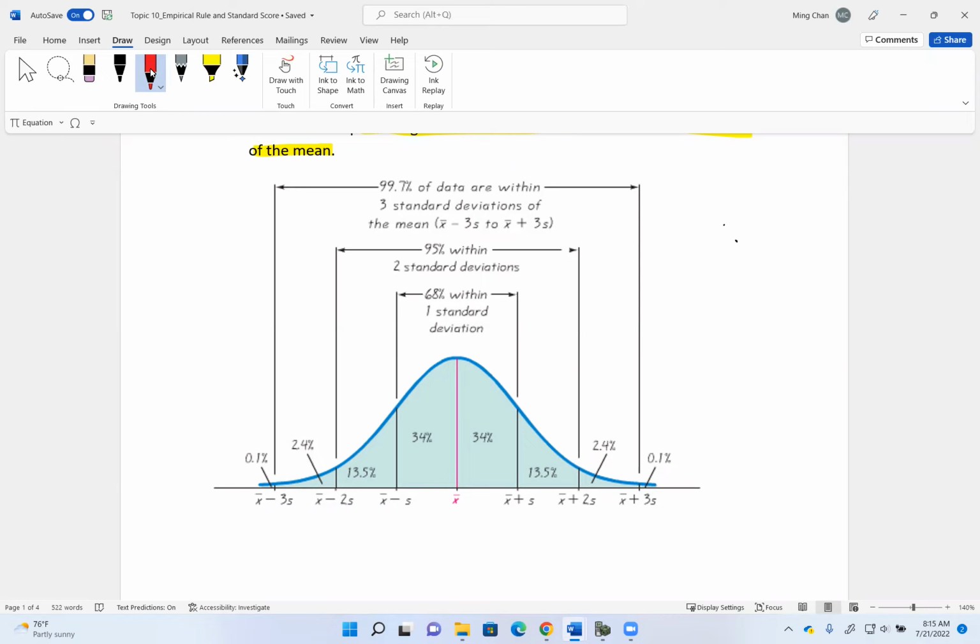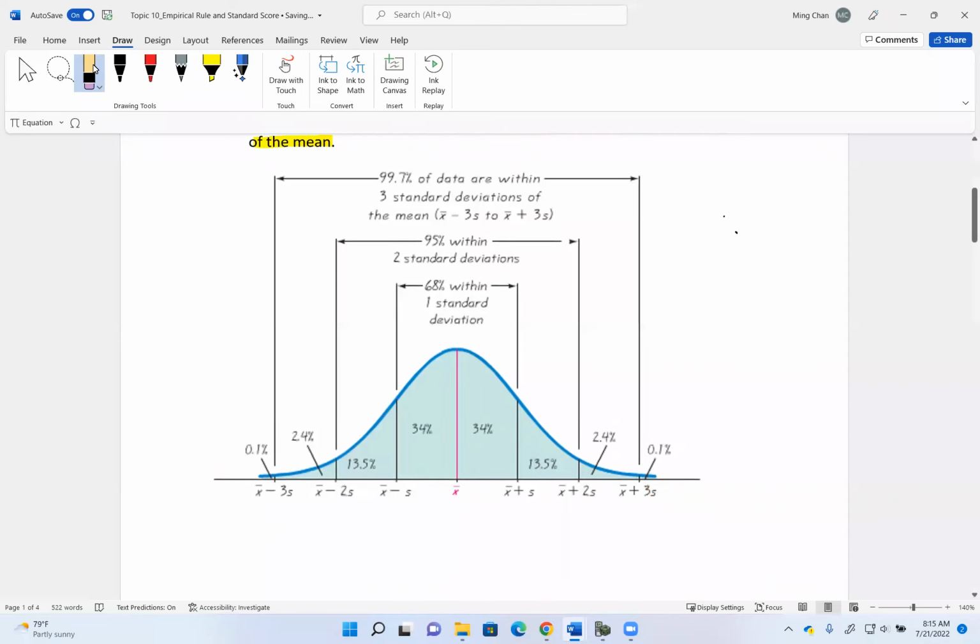So here are the breakdowns. All these percentages are the breakdowns. And then three standard deviations out will be 99.7% of data within the mean. The corner right here, each end does not end. It keeps on going forever. This is a continuous curve.